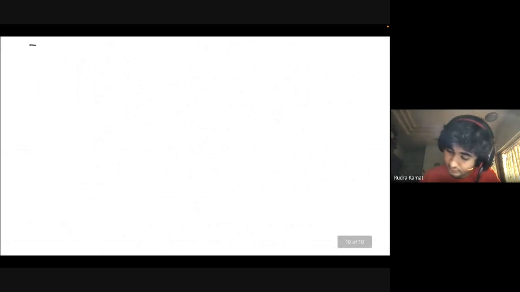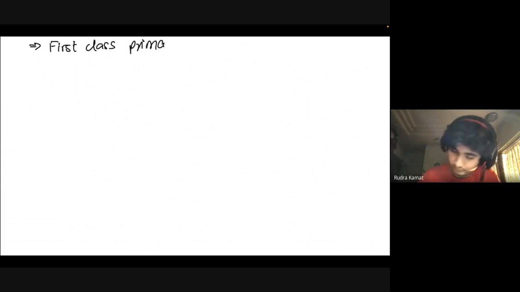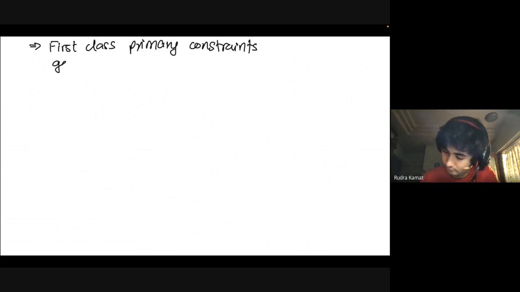So that we can say that first class primary constraints generate gauge transformations.